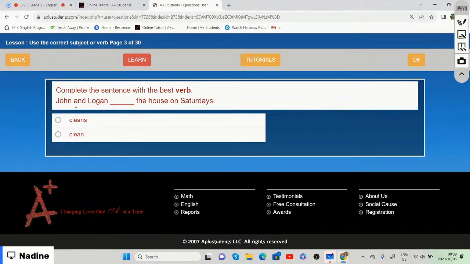So John and Logan, do we say clean or cleans? So we can say clean. So clean.